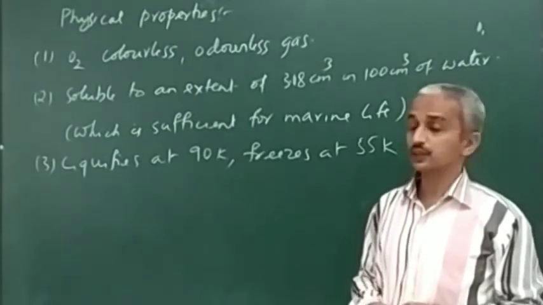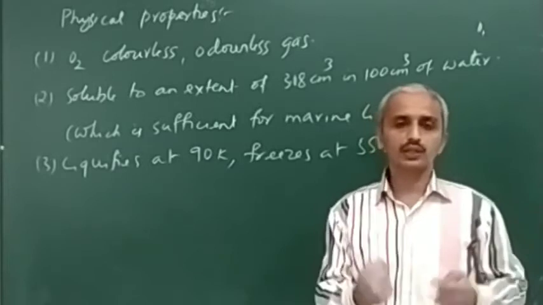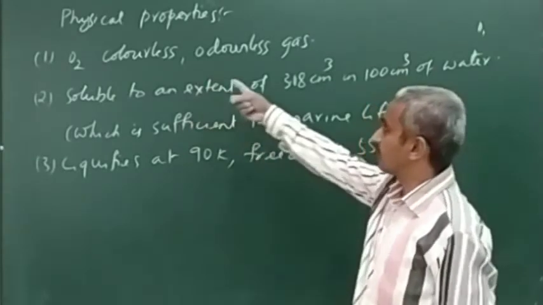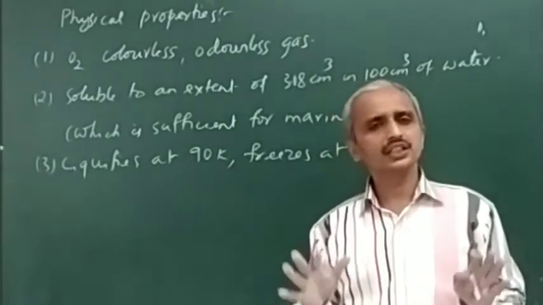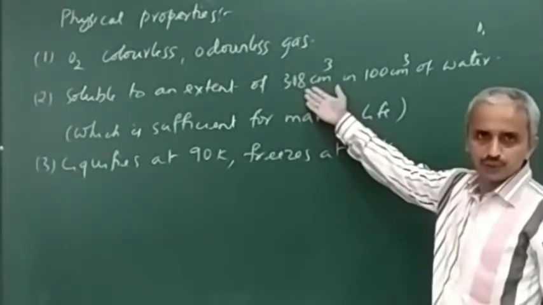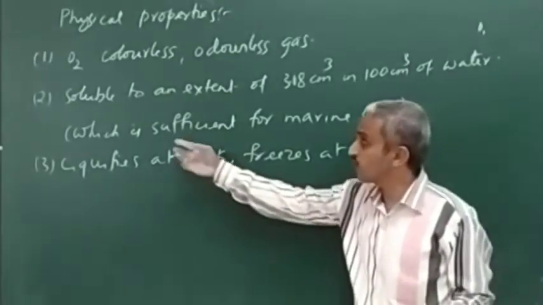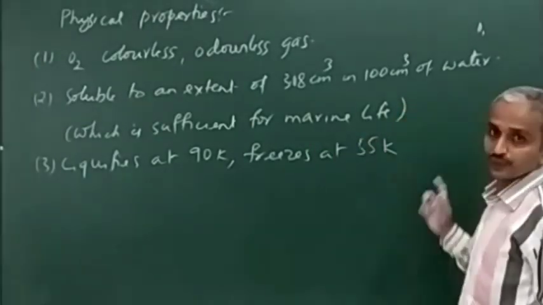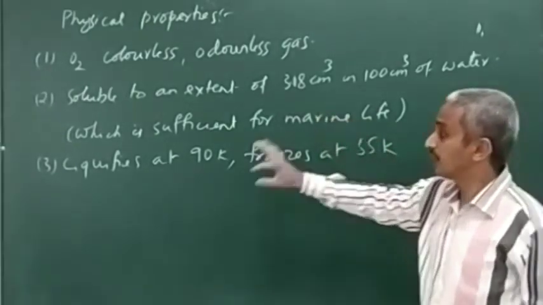Physical properties. No need to explain much. Does it have any color? No color. Does it have any odor or smell? No odor. It is a colorless, odorless gas. Oxygen is very slightly soluble in water: 3.08 cm cube in 100 cm cube of water, which is sufficient for aquatic and marine life, because they don't need oxygen to a greater extent.